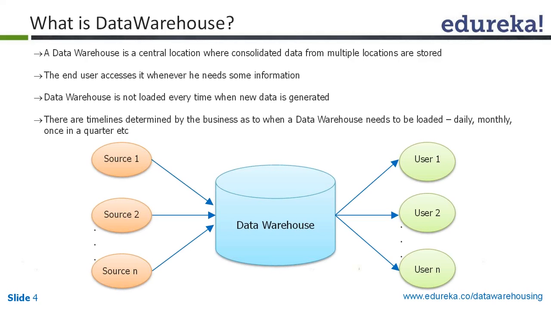Let me give you a real life example. We all use ATMs. Every transaction that we do on an ATM is recorded in an OLTP system. ATM is not the only feeder to this OLTP system. When you go to a bank and perform a transaction, even that is recorded. So there are multiple sources feeding into a particular system.